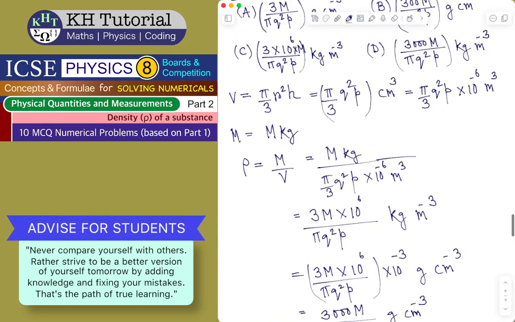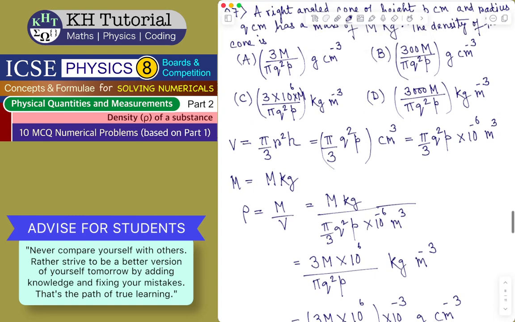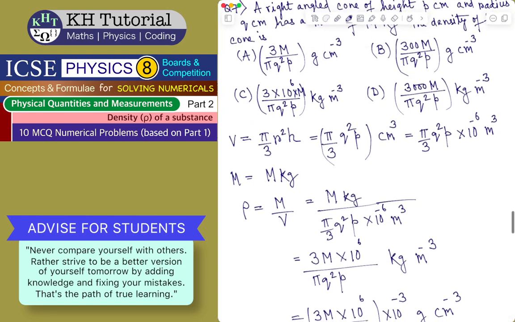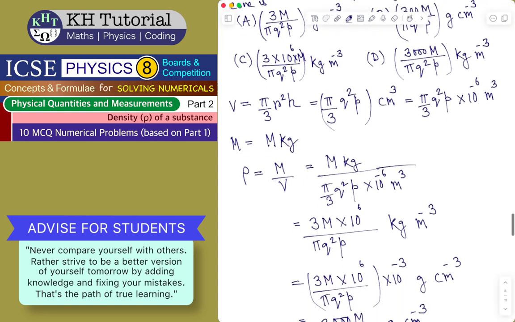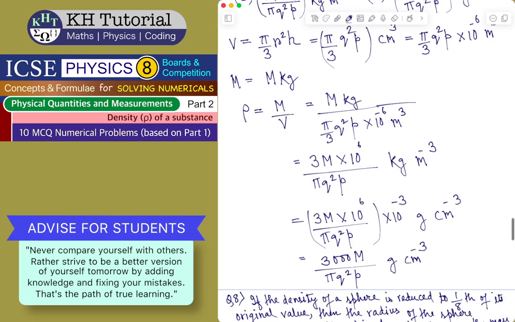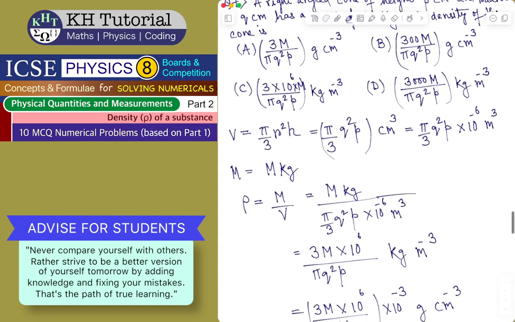Is it matching with any of the choices? Choice A is 3M, no. Choice B is 300 M. So choices A and B are incorrect. The actual value in CGS is 3000 M by pi q square p gram per centimeter cube, so the given choices in CGS are not matching.